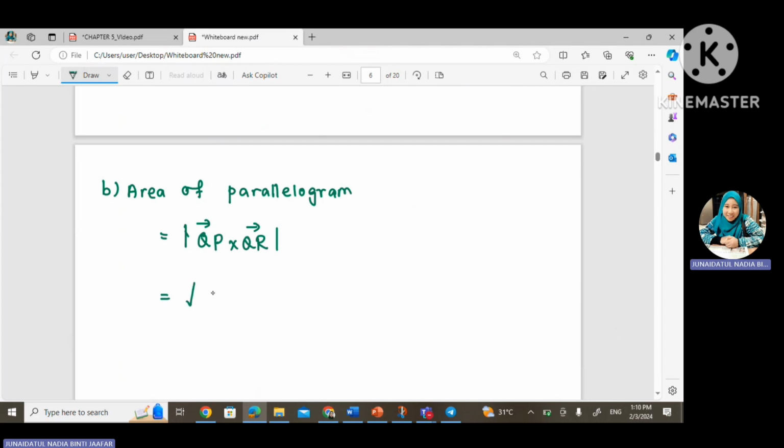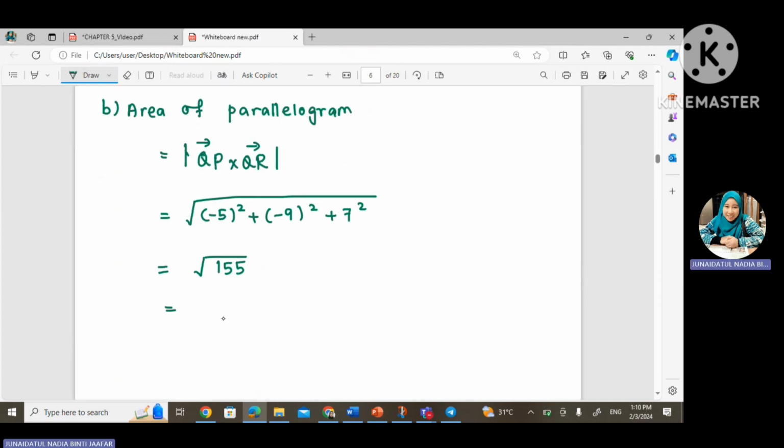So square root of negative 5 squared plus negative 9 squared plus 7 squared. We get the answer is square root of 155, which is equal to 12.45. So the area is 12.45 unit squared. Okay, so this is the area of the parallelogram.